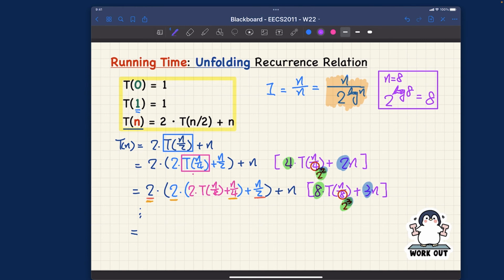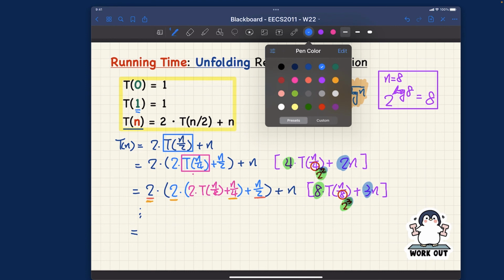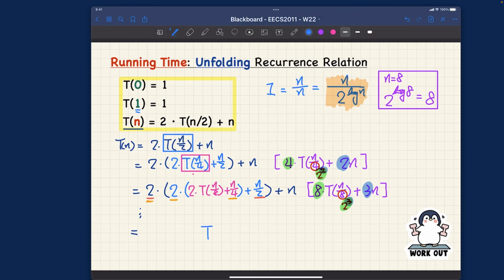All right, let's now move on to the final line over here. What we really want to know is when this input value over here is equal to 1. In that case, it's going to be 2 to the power of log n. Right? So what we want to have finally, let's say, I think blue is okay, is t of 1 over here. And we know that this can be rewritten as n over 2 to the log n.